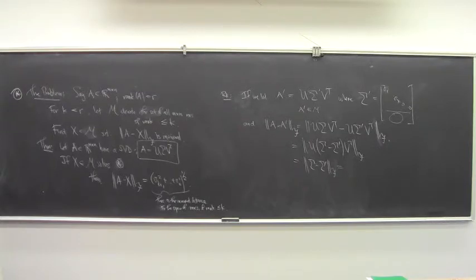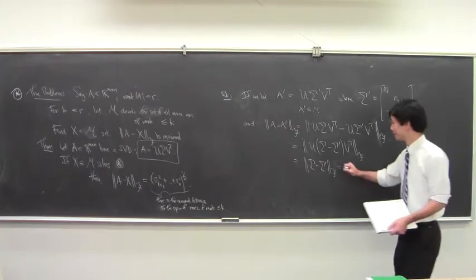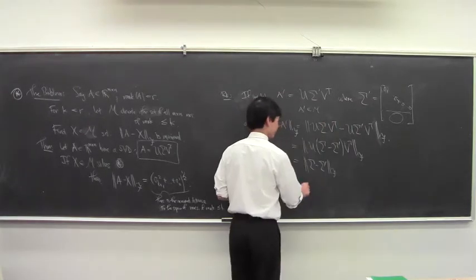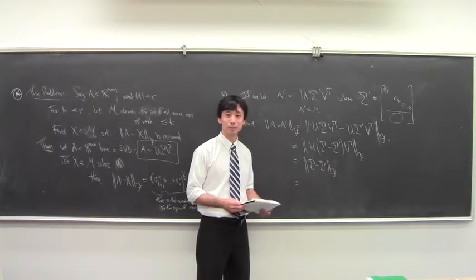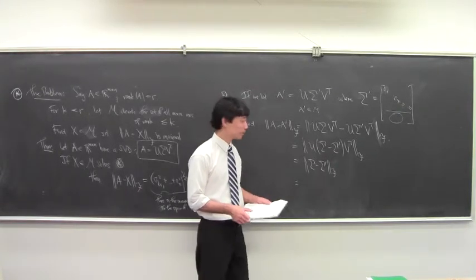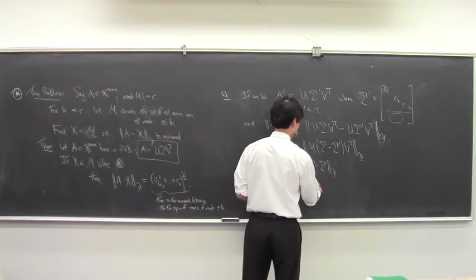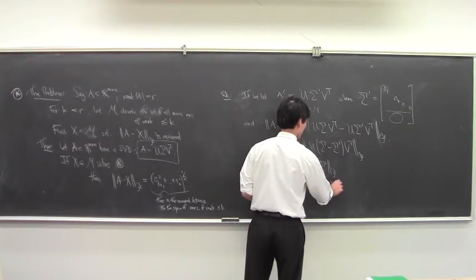So think about what that matrix is. When you subtract them, you get rid of the first k. It's the square root of the sum of the squares of the singular values from k plus 1 to n: sigma k plus 1 squared through sigma n squared.